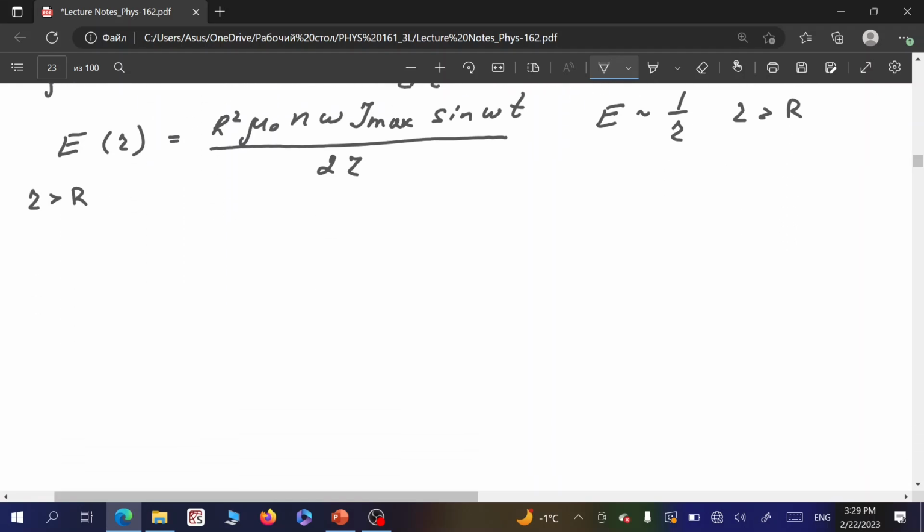So now let us consider the option when we are dealing with a space inside solenoid. So when r is smaller than capital R, in that case we are staying in the internal space of the solenoid.